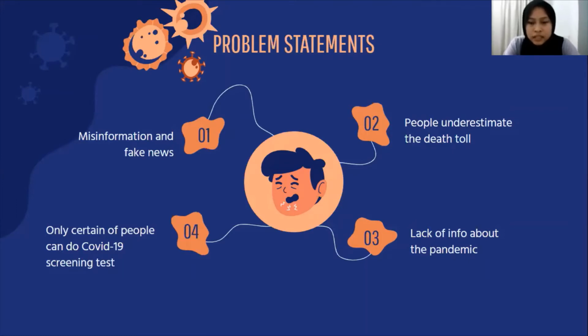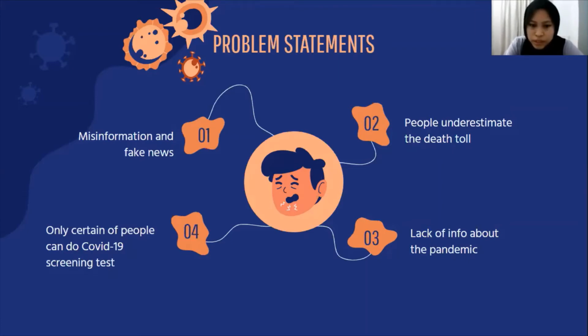Second is that people underestimate the death toll. Many people did not realize that they are living in a dangerous area. Some were even suspicious of the statistics when compared to other countries. They think that there is nothing to worry about and everything is under control.